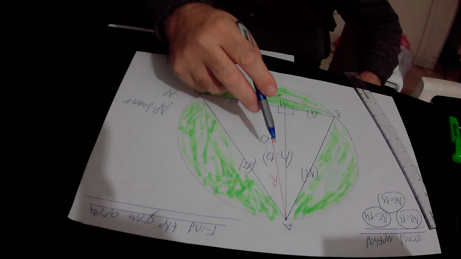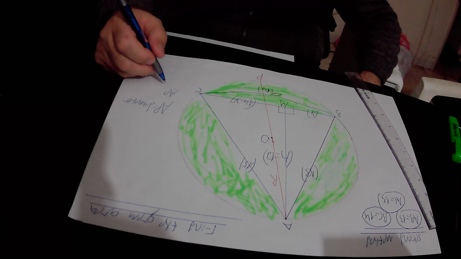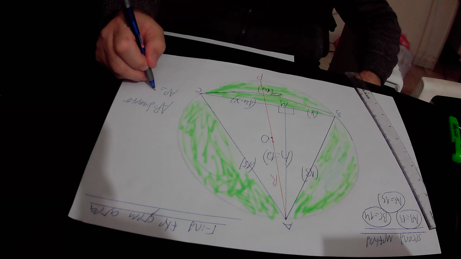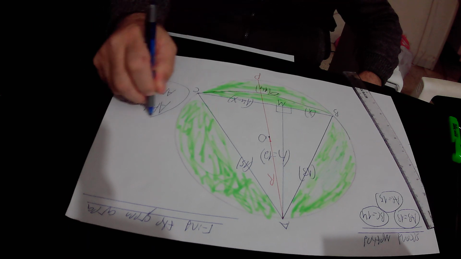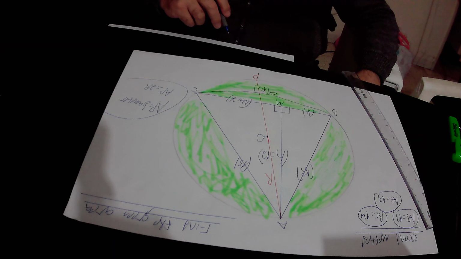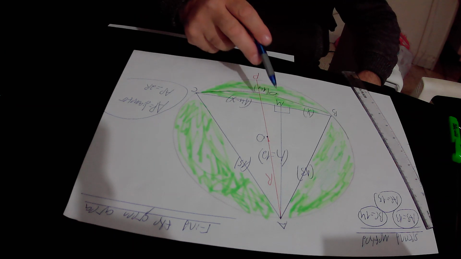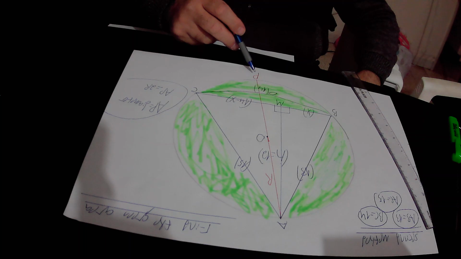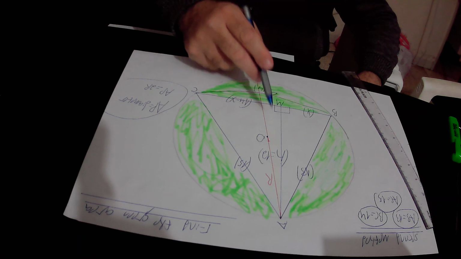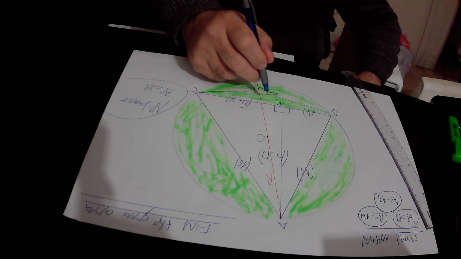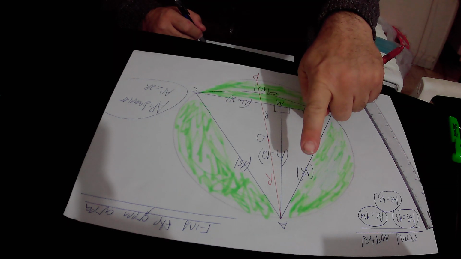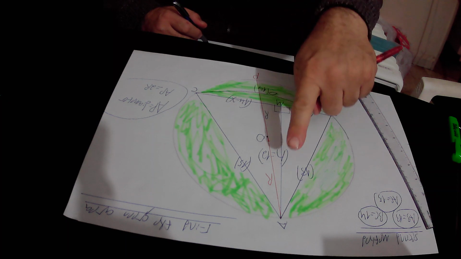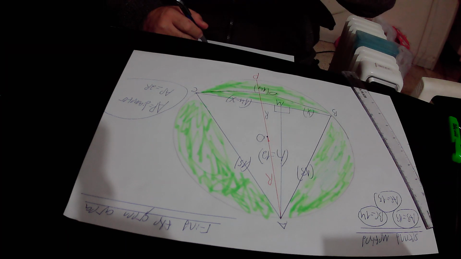So the radius of this circle is capital R, therefore the diameter AP must be equal to 2 times capital R. Here point O is the center of the circle, point P is a point on the circle itself, therefore OP is also the radius of this circle, which equals capital R. You can see here that chord AP in total equals R plus R, that is 2R, the diameter of this circle.